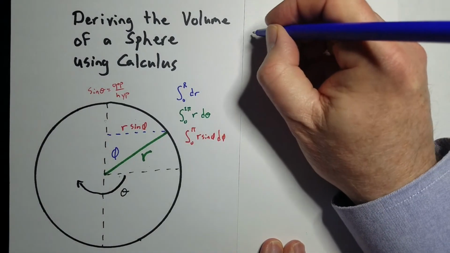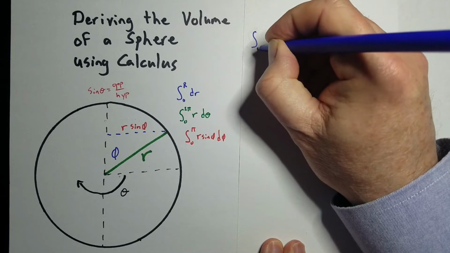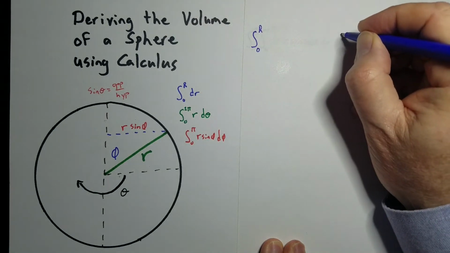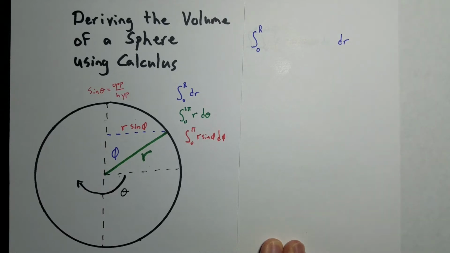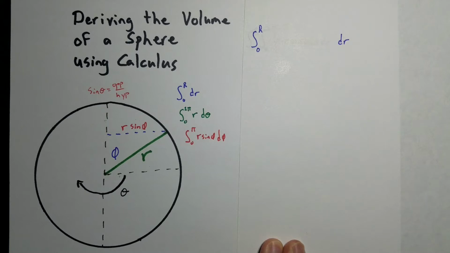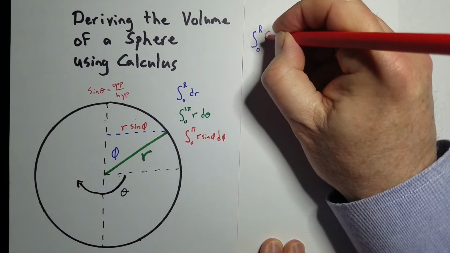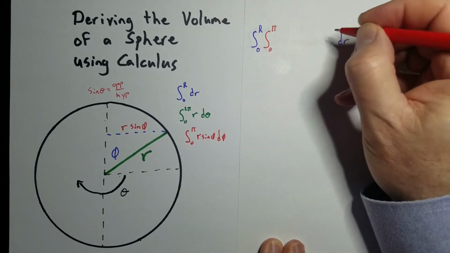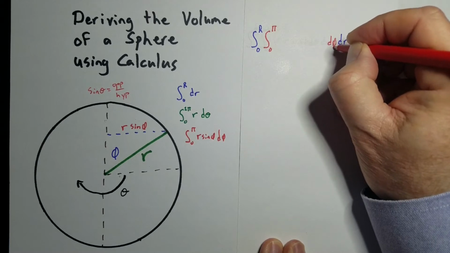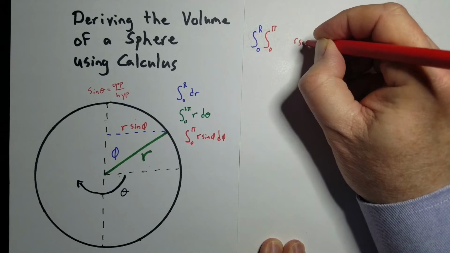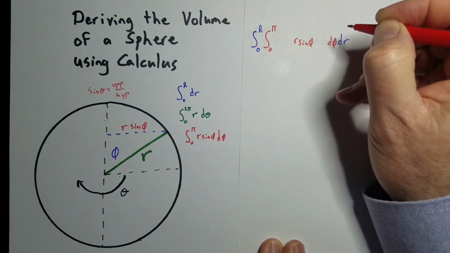Okay, so we need to take dr from 0 to r, dr. Then we're going to take phi from 0 to pi, and that's going to have r sine phi in there.